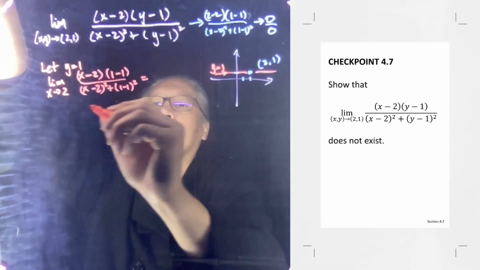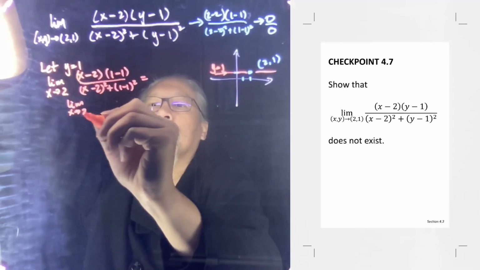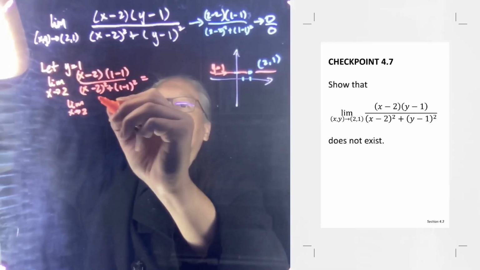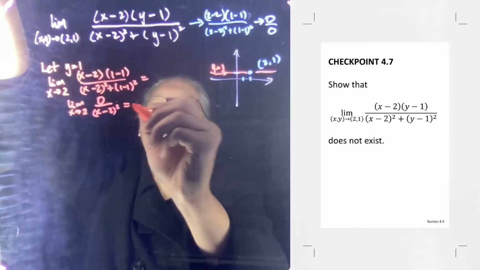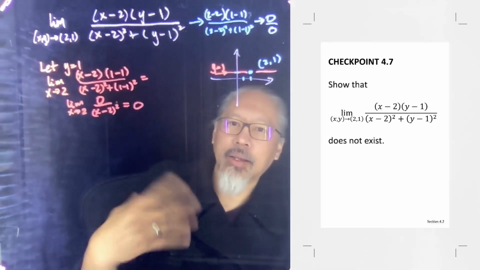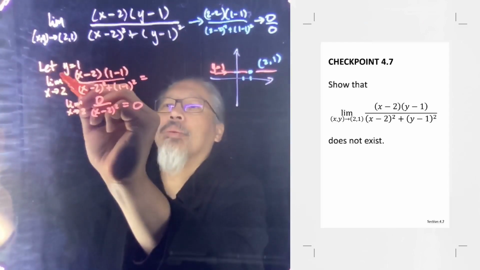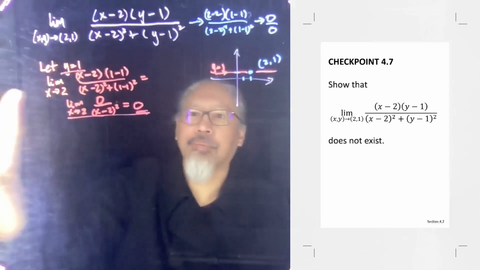So this is actually going to give us the limit as x approaches 2 of, well, this is just going to be 0. Before we even take the limit, we're already going to get 0. So when y is equal to 1, our limit is going to be 0.